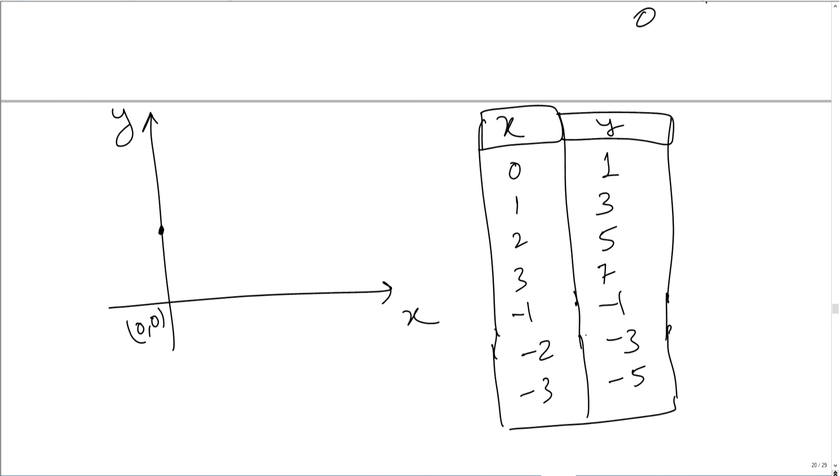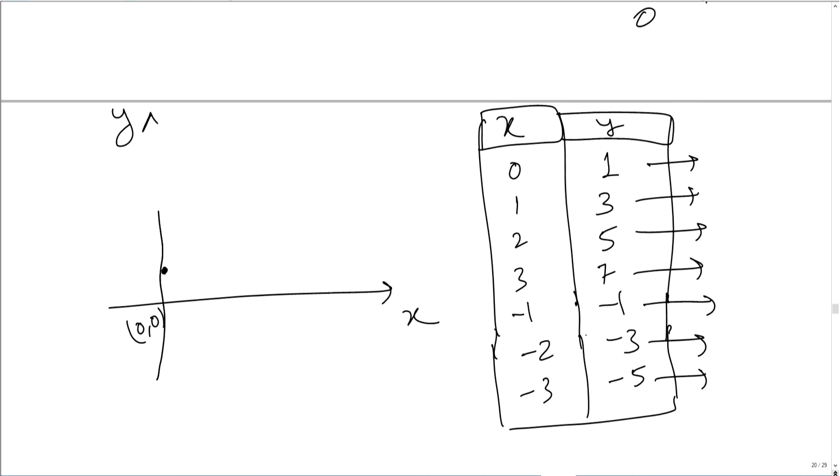Now let us draw all these points on this xy plane. Let us first represent the coordinate (0, 1). When x is 0, y is 1, so that point would be somewhere here. Sorry, I'll just draw the y-axis again.